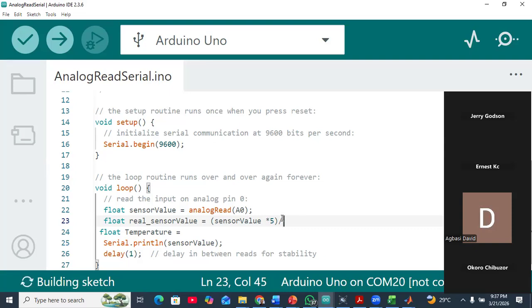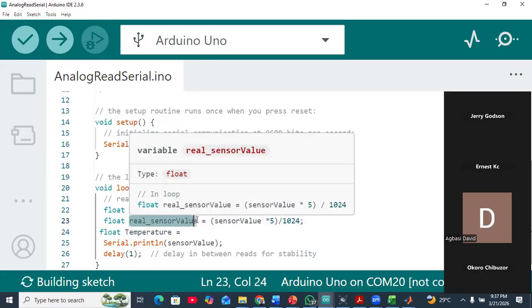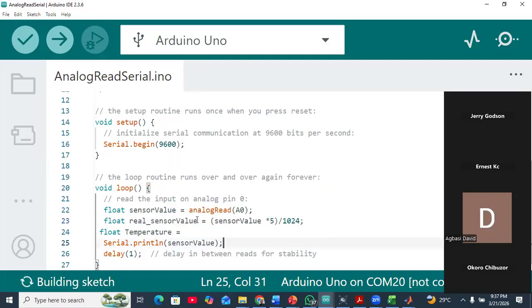2 raised to power 10 is what? If somebody is still there, you answer. 2 raised to power 10 is what? Nobody's answering again.